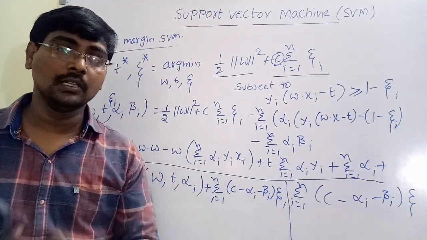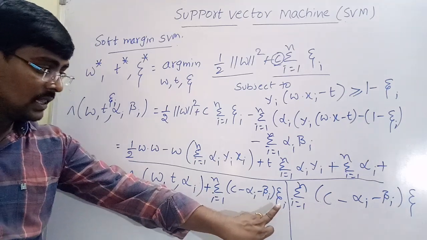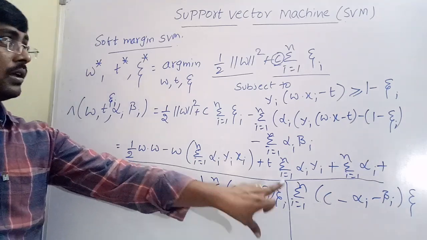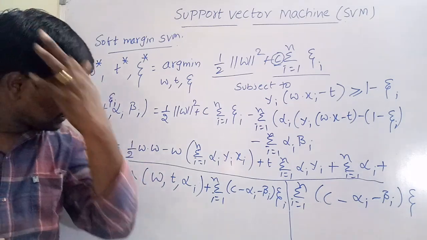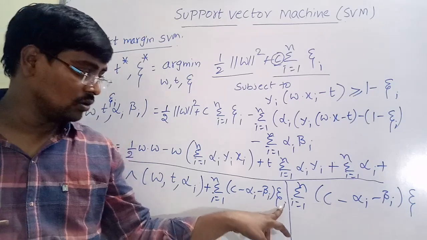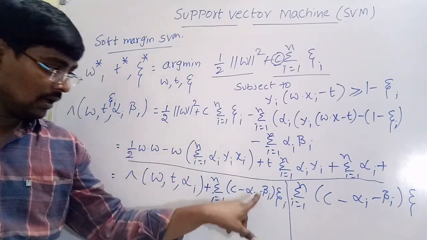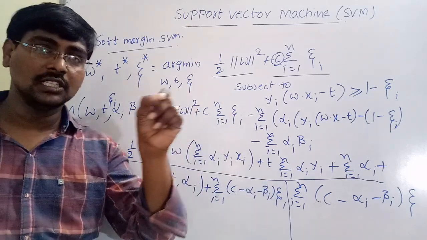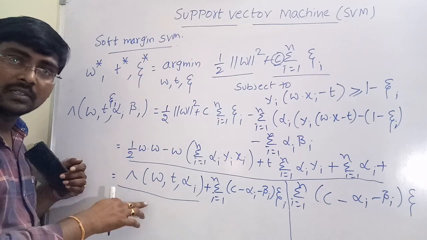For the optimal solution, take the partial derivative with respect to the slack variable, and that value is equal to 0. Then automatically c minus alpha i minus beta i is equal to 0, because there is no slack term.